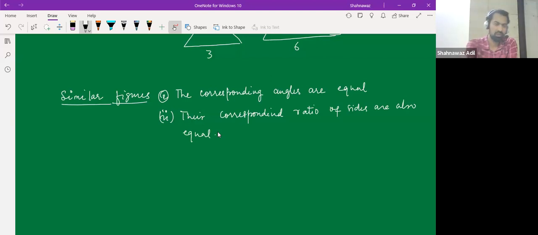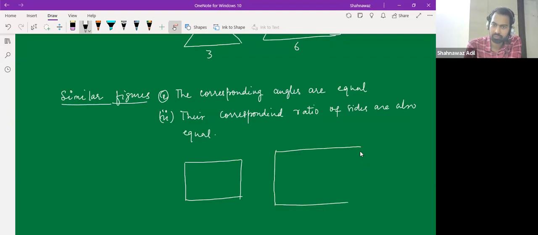Understood? So let's say we have two quadrilaterals, and when I say that these quadrilaterals are similar, let's say this is 1, 2, 3, and this is 3, 6, 9, and 12, right?